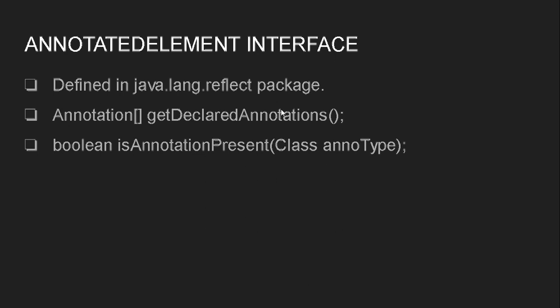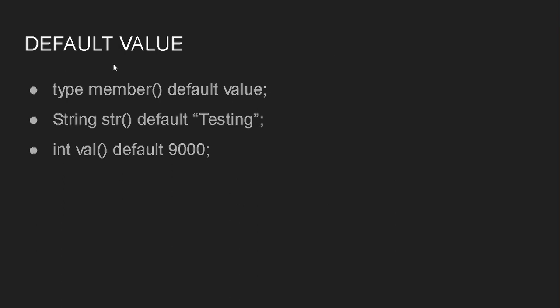Then we have the default value. Whenever we are creating an annotation, we can provide a default value for these methods. Here I am writing the type member. One thing that may be surprising is that you declare this in the form of a method, but you can still write default and then provide the value.